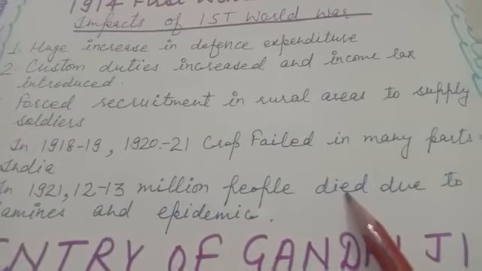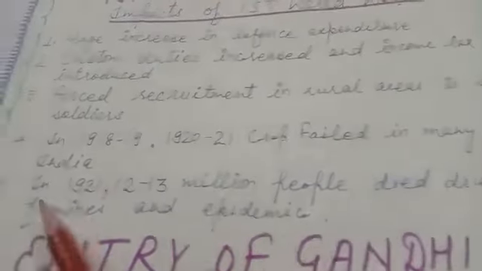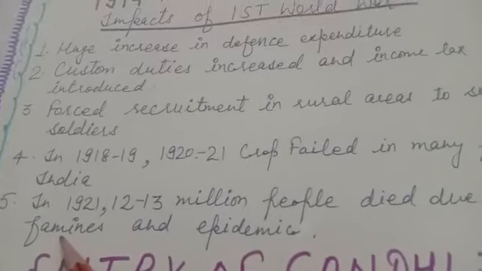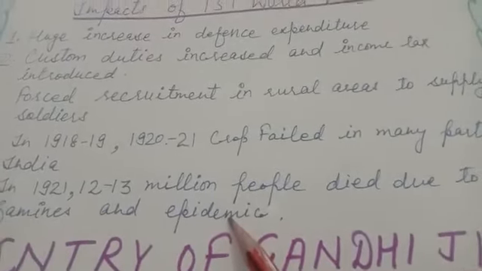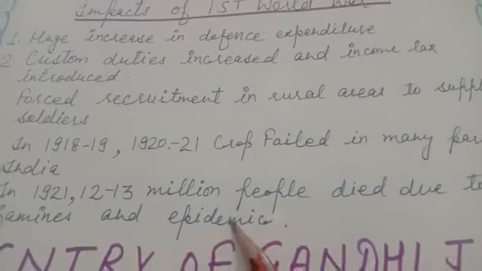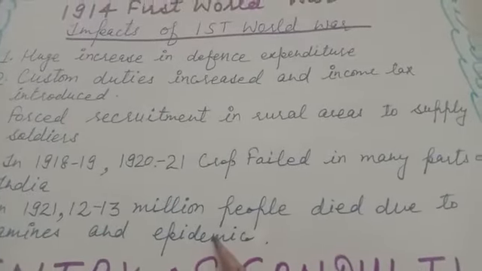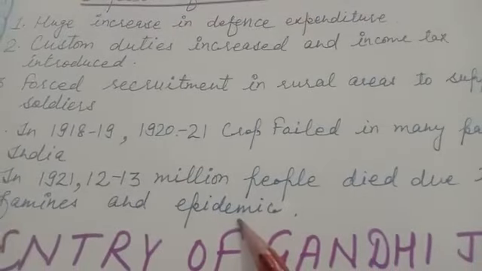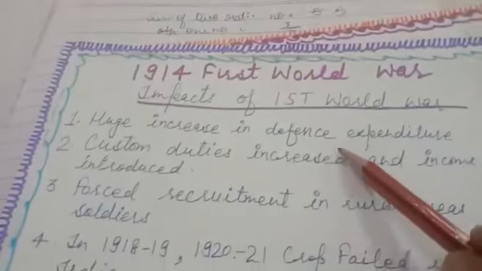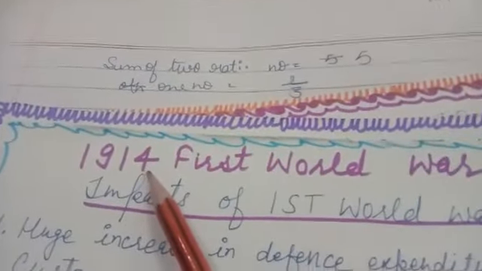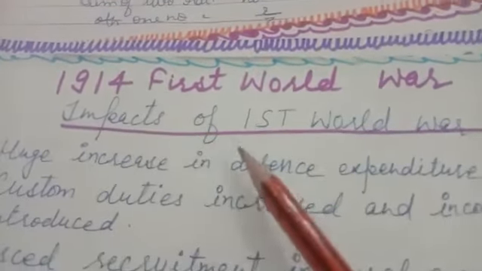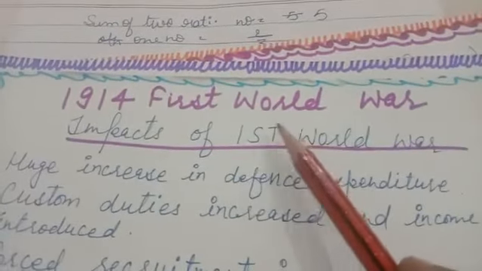And what was the reason for their deaths? The reason was famine, the lack of food, and the epidemic, a communicable disease which can cause the death of thousands and even millions of people. So all these impacts were faced by India and by Indians due to the First World War, which was not even fought in our country. It was fought in Europe, but the impacts were faced by us also.